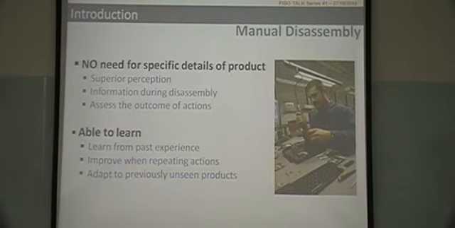But if you see the same product model again, it will take maybe 10 minutes, because you already know what is going to happen, and you know the set of tools and actions and what happens if you do this or that. We call this a cognitive skill, and humans can learn it.